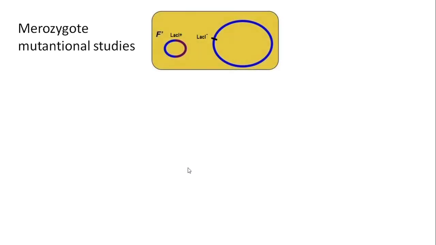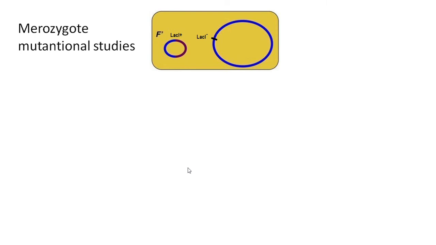So now let's move into a different matter. When the Lac operon was being deciphered by Jacob and Monod and later on by others, different mutants of E. coli were studied, Lac operon mutants, because we know that mutants always help us to understand the function of genes or the function of segments of genes that are responsible for the expression of the genes.